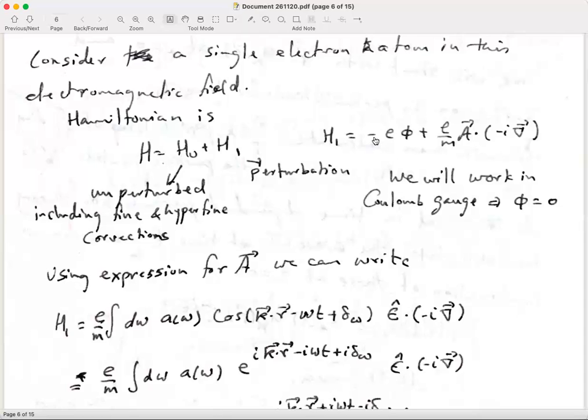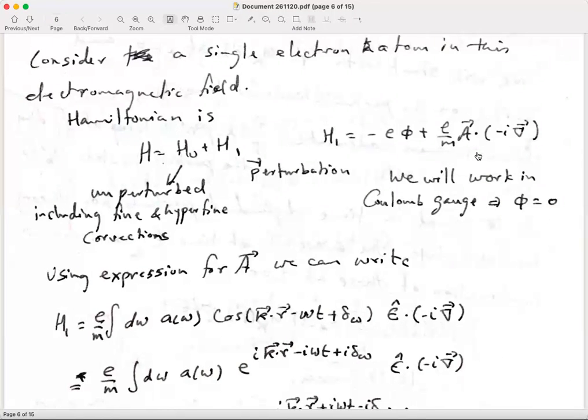Okay, we are going to set that to 0, but generically, when you say that there is an external electromagnetic field, you would write down all kinds of terms. So this is one of them. The other term that you would get when you expand P minus eA by c is a term of this kind, which is e by m times A dot P. There is just another term that you would get, which is the P dot A term, but the P dot A term would vanish because we have chosen our gauge to be del dot A is equal to 0.